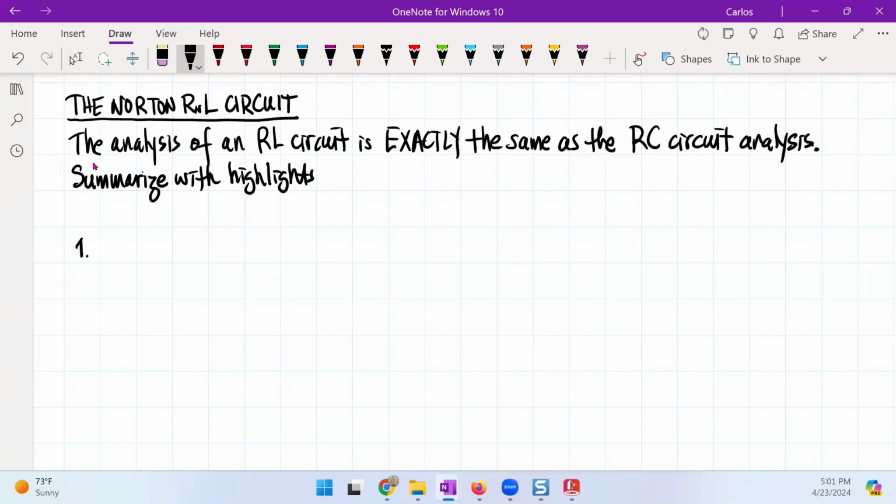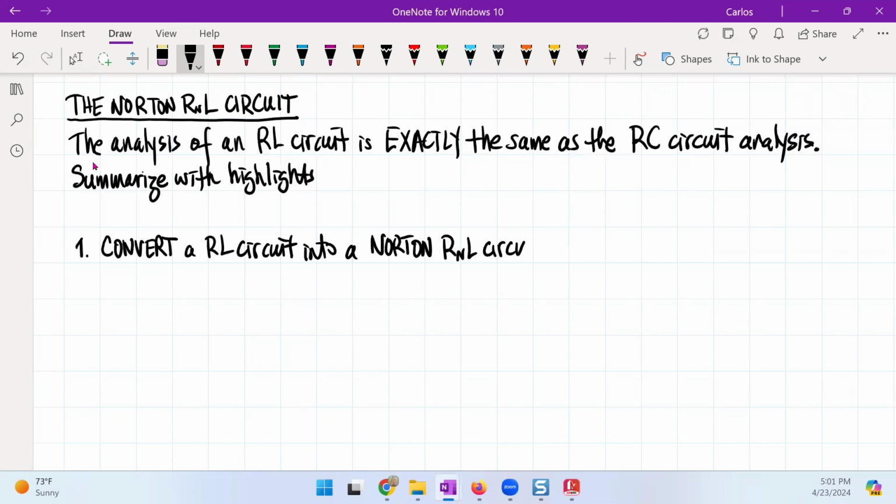The first thing we have to do is convert a RL circuit into a Norton RNL circuit after the switch is thrown.